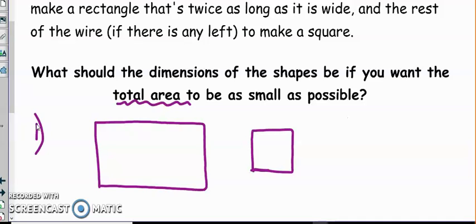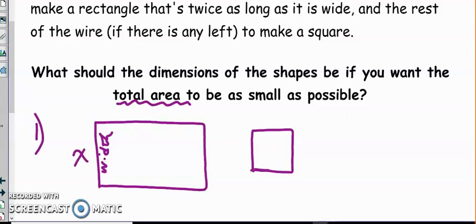So with this, it says that the rectangle is twice as long as it is wide. So if it's twice as long as it is wide, we're going to call this the width, right here, x.